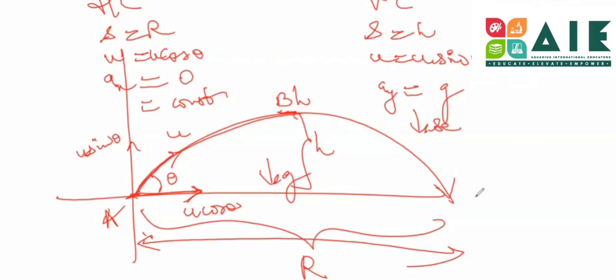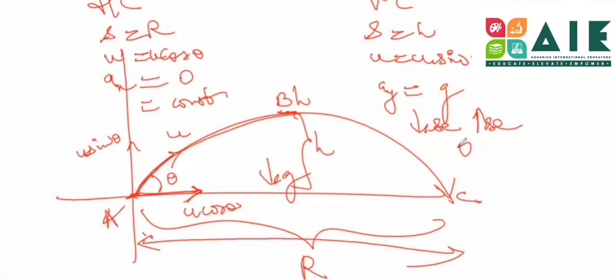And then from B to C, it starts increasing. At the highest point, it is zero. Make sense? Yes, ma'am. Makes sense.